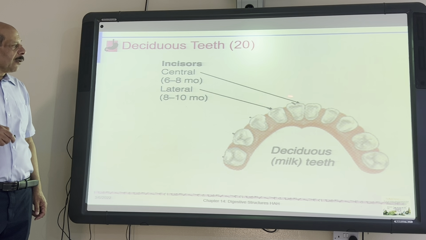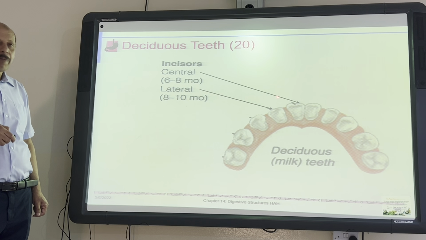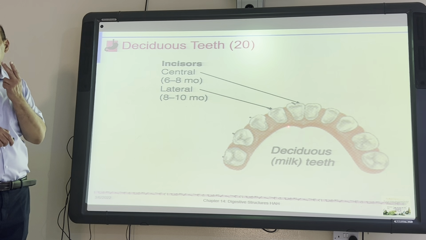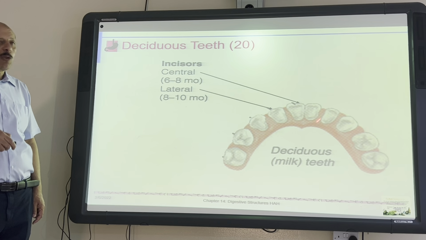Those are the incisors. They will start from the 6th month, and after 6 months they will start to erupt from the gum. Later, at 8 to 10 months, those teeth will start to erupt.